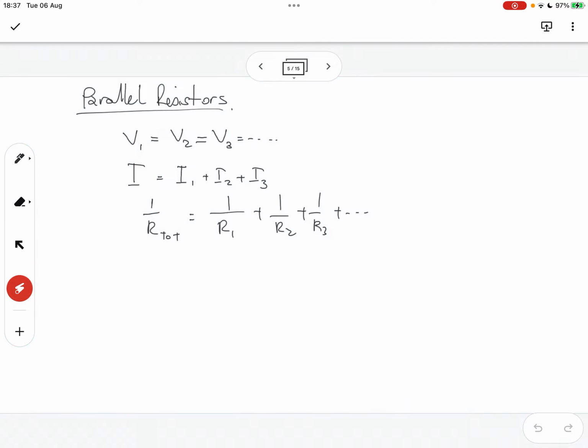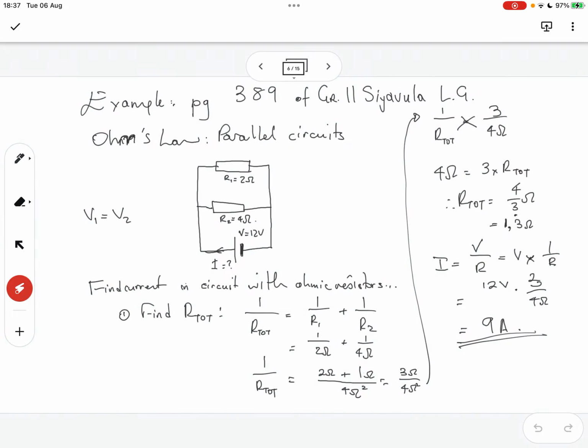Then for parallel resistors, just to refresh, the resistance decreases, or rather it's smaller, as you have more parallel branches, and the current increases, but the voltage remains the same across the different parallel paths.